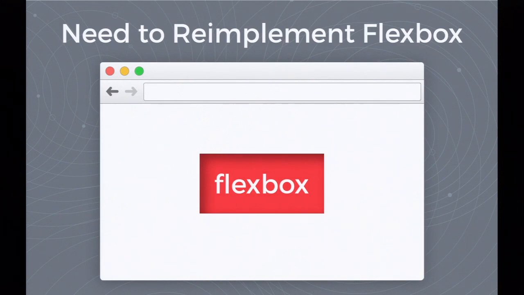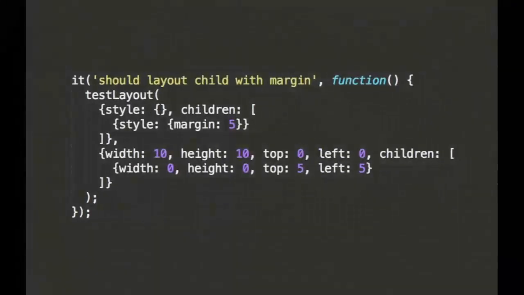So how do we re-implement this? Well, we are all developers. So we fire up Jasmine, and we start writing some tests. What the layout engine does is it takes a tree of styles, and it outputs a tree with the same shape, but where all the values are just 4 numbers: width, height, top, and left.